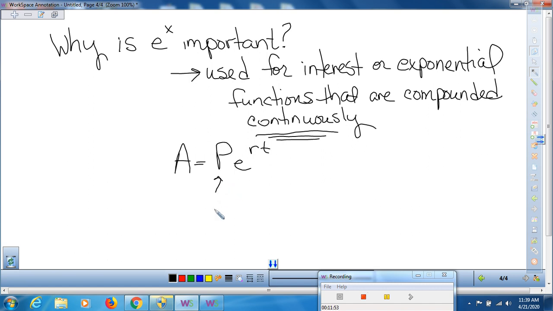Now, P, of course, is your starting amount. The r, as we talked about before, is your rate as a decimal. And of course, t is the time, the number of times it happens.